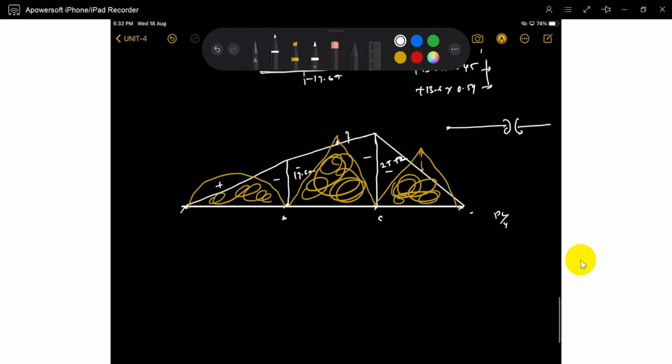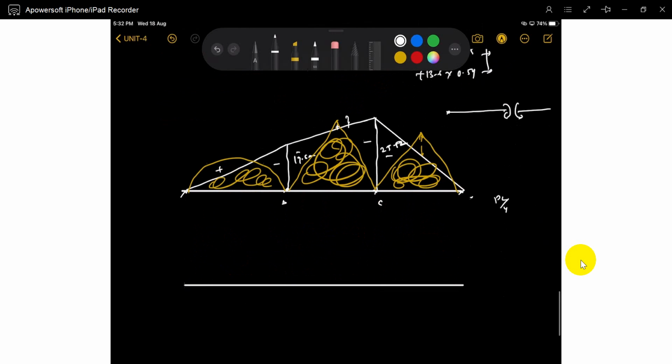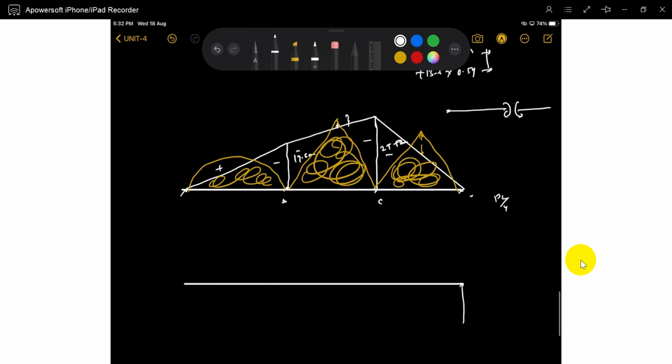Later you can draw the shear force also. That's it, it will come like this. It's uniformly distributed. It will come like this.